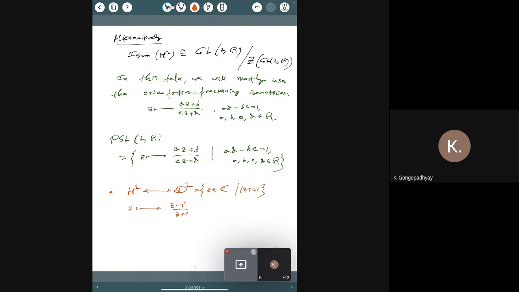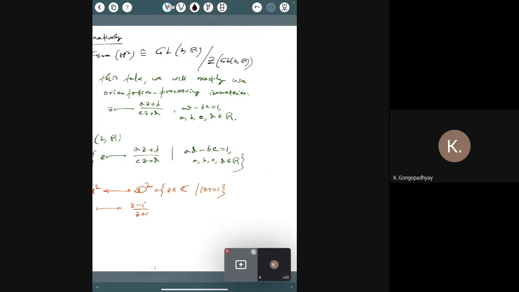That will be a diffeomorphism between H2 and D2, and everything that you learned in H2 can be carried over to D2 as well. So this is what Venkatesh covered yesterday. Now there was a question about Euclidean circle and hyperbolic circle. So now one small observation I would just like to make here.